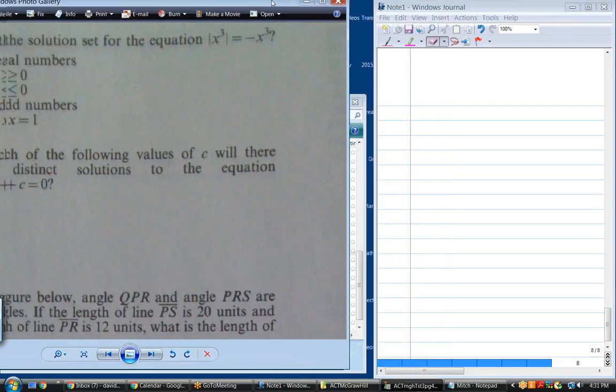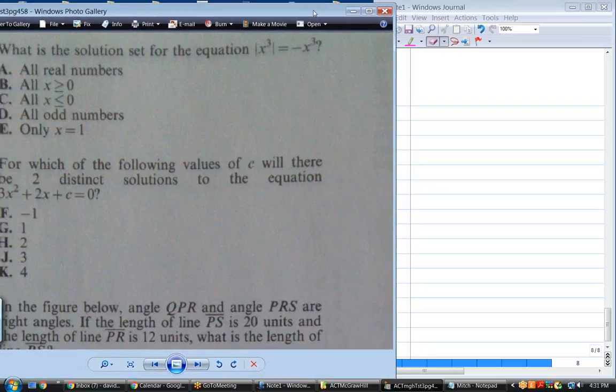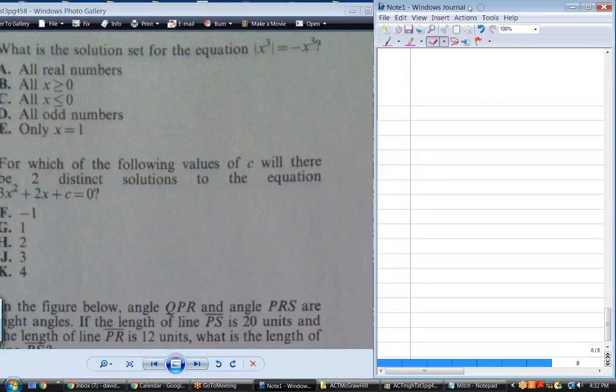Again, let's try a number. Pick a number for x. We'll see if this is true. 1. Is that true?